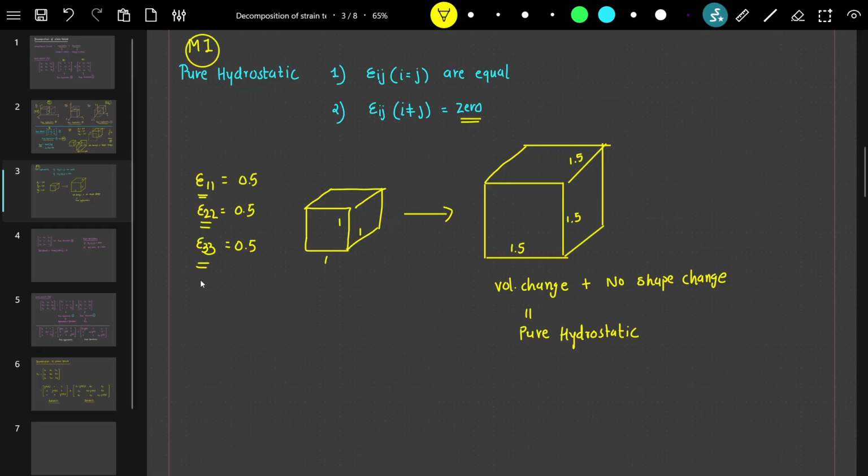If for this given strain we say epsilon 1 2 is some value, some change in angle, then this deformation will be something like this. There is a volume change, but there is a distortion of shape as well. You can visualize this.